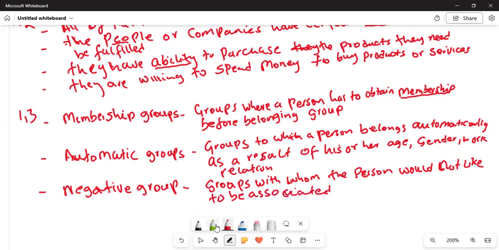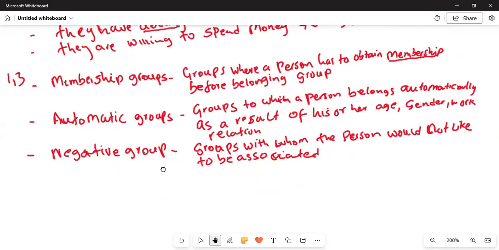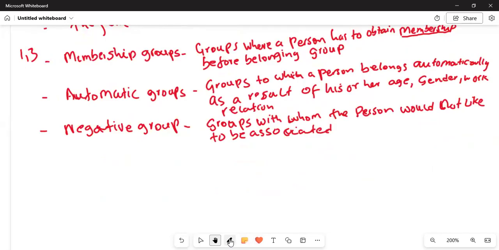So that is a negative group. You have a negative feeling about such groups. You regard it as an incorrect association, so you don't want to be in a certain group. That is why we call it a negative group, if you don't want to be part of such a group.